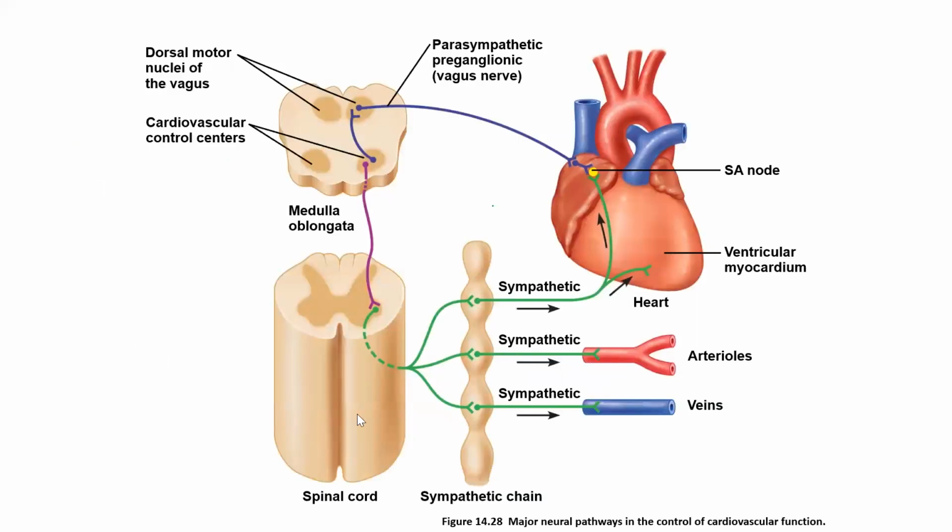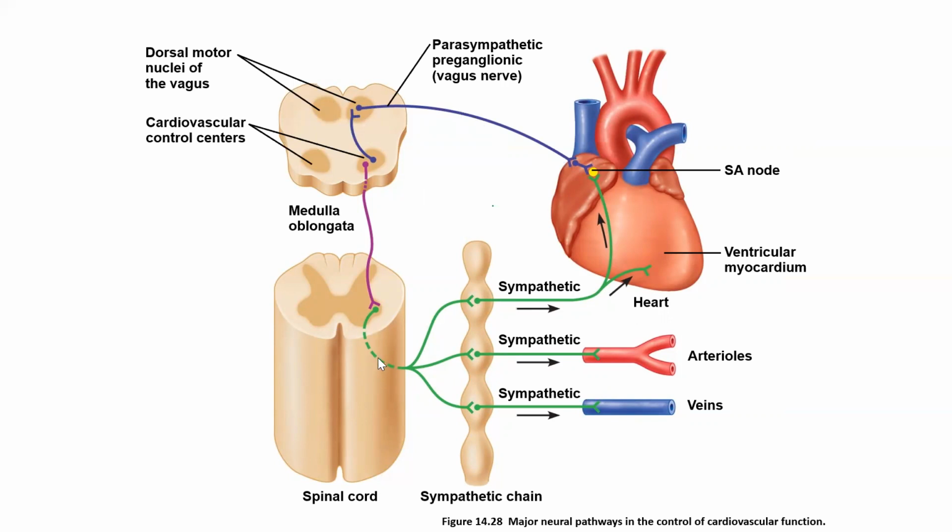All right, so that just kind of is illustrated on this slide. We see the parasympathetic division here coming from the brainstem, specifically the medulla oblongata, where we have those cardiovascular control centers, and sending its signal only to SA and AV node, okay?